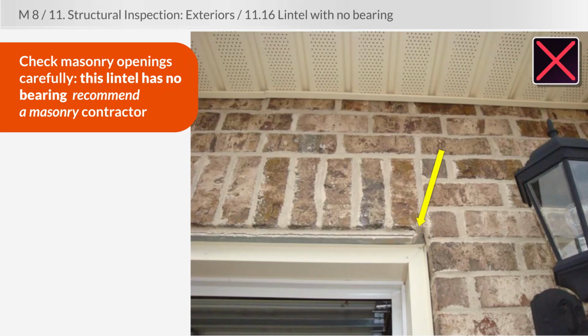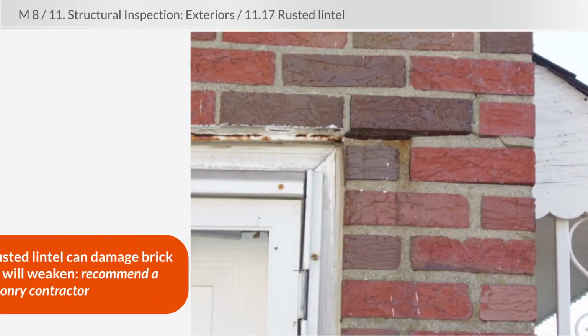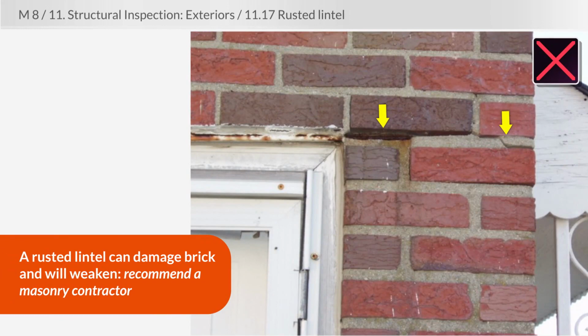In fact, if you look very carefully at the brick right underneath the text box, you can see the brick is already starting to crack as well, right in line with the end of this lintel. A rusted lintel in an older home can damage brick and will weaken. Recommend a masonry contractor for this.